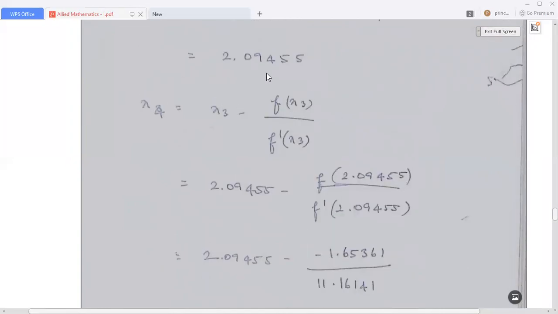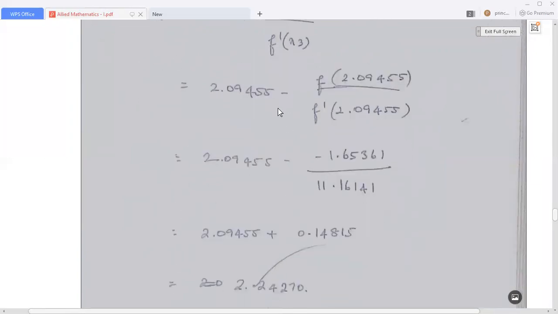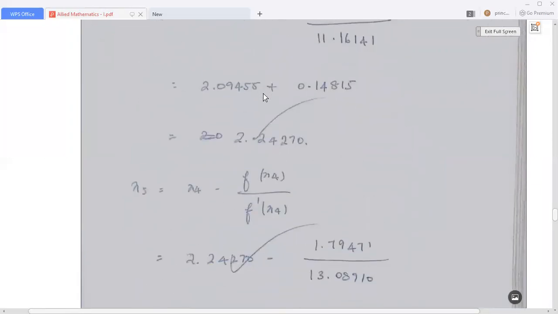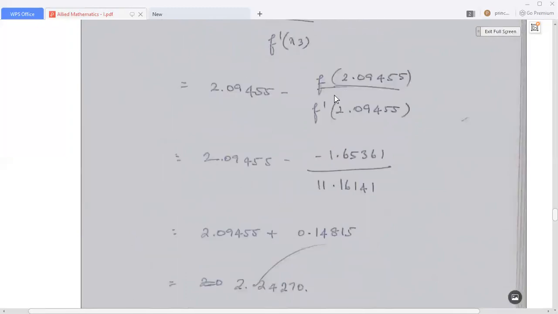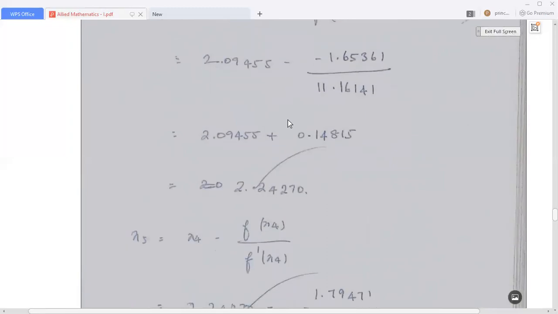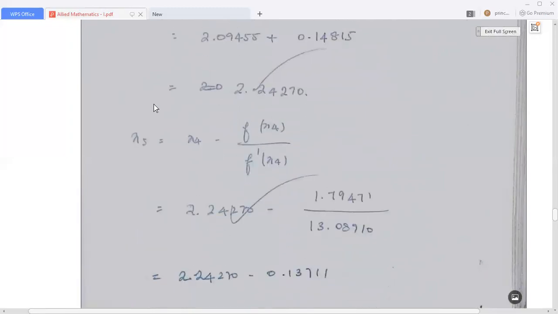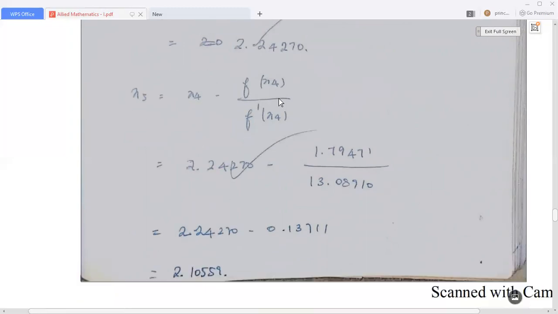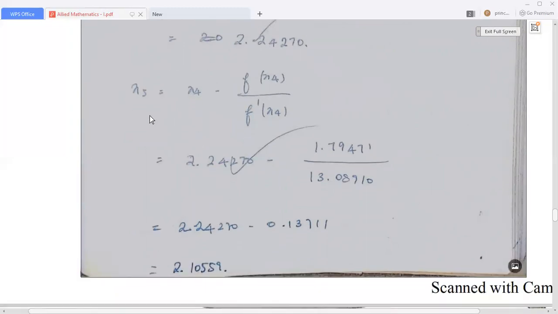To find x4, we need the x3 value, and that value is to be substituted in x4. Then we simplify this, and finally we get the answer x4 equal to 2.24270.